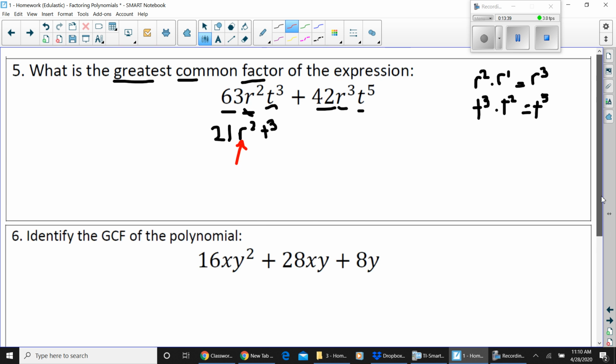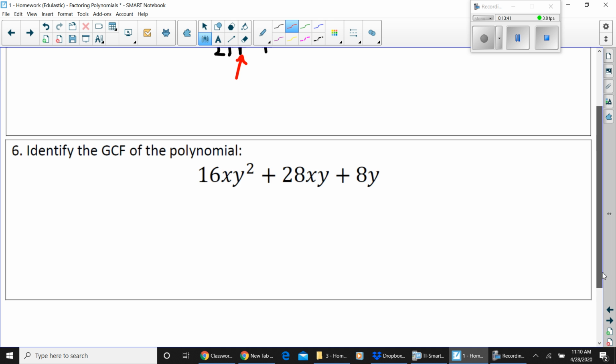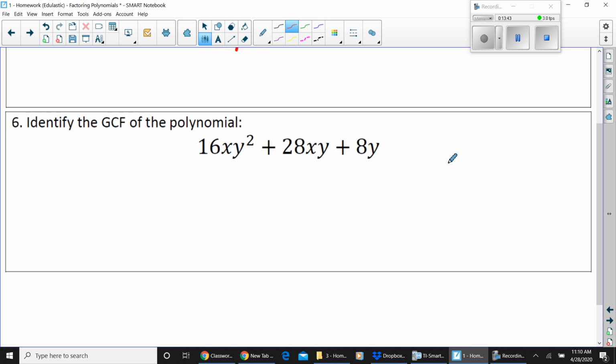Identify the greatest common factor again of the polynomial. We're going to do this the same exact way. Take a look at the numbers and see if you can do this on your own. You can press pause now.